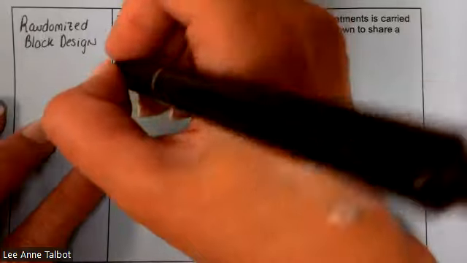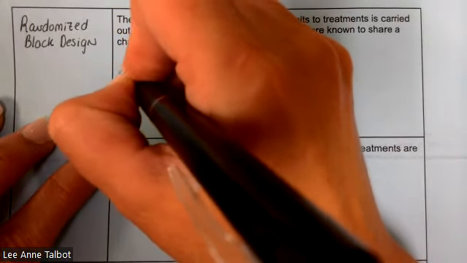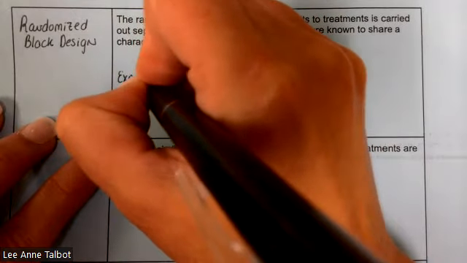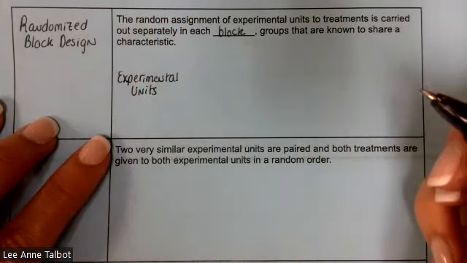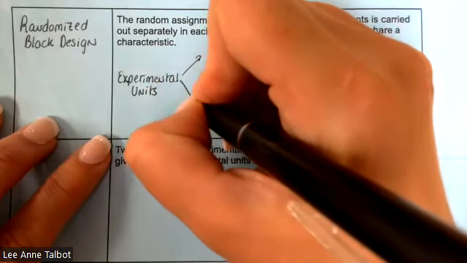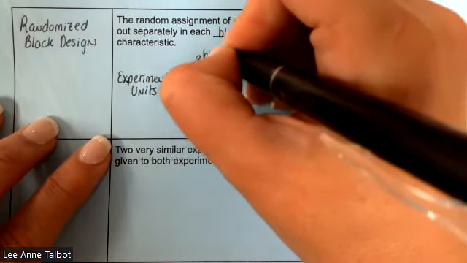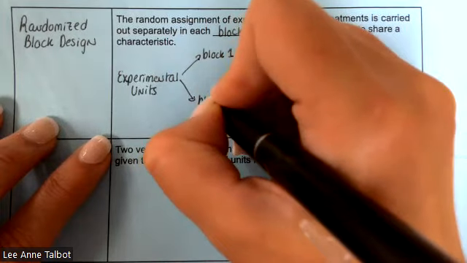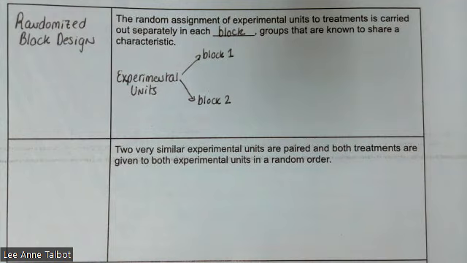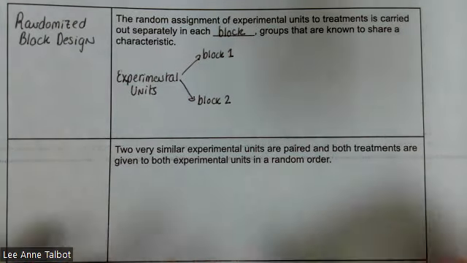In this case, you would start with experimental units. And you would first separate them into blocks.